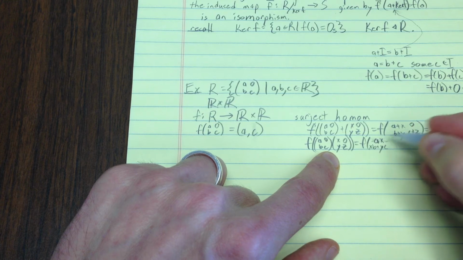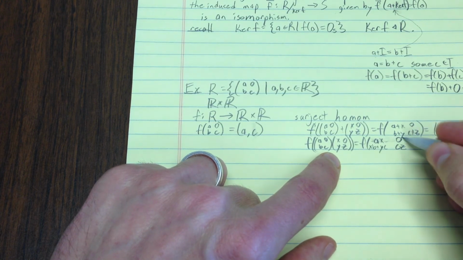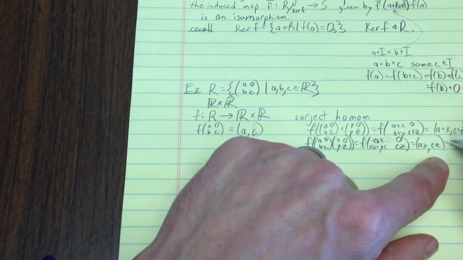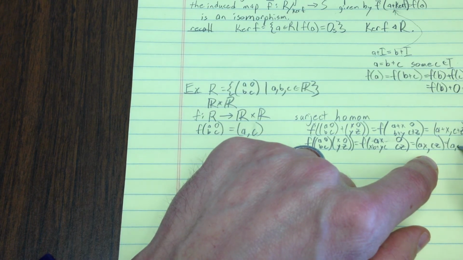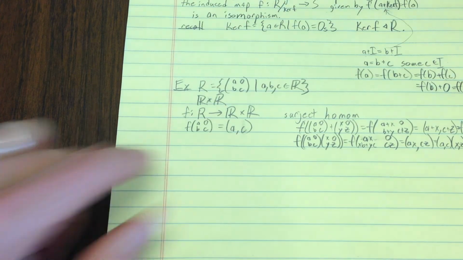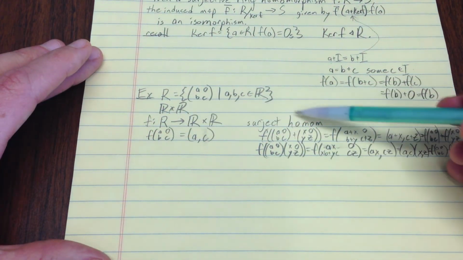So AX, 0, and this entry is CZ, right? And so the point is that maps to (AX, CZ), and of course (AX, CZ) is (A, C) times (X, Z), which is F of the first component times F of the second component. Okay, so not really a full-fledged proof, but the idea that this is a surjective homomorphism.